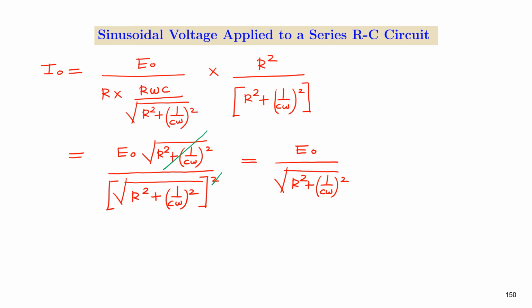Now the instantaneous current in the circuit is given by I(t), and this is equal to I0 cos(omega t plus phi).